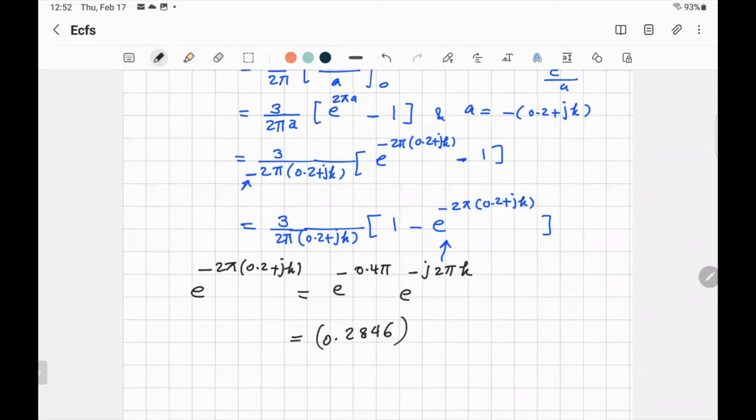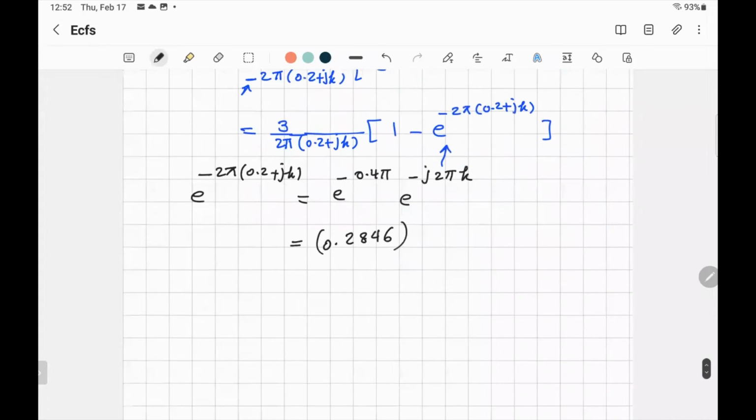Now you go back to Euler. Complex numbers, you're going to use them now. According to Euler, as we explained before, e to the power of plus or minus j theta equals cosine theta plus or minus j sine theta.